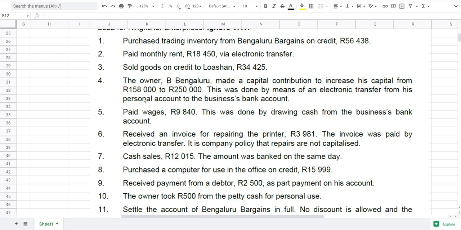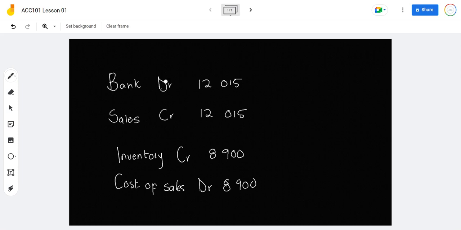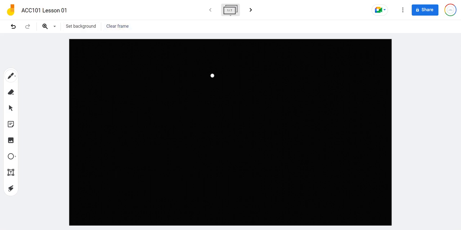And then the next transaction says we have purchased a computer for use in the office on credit, 15,999. All right, this is for use, so this means it's an equipment. And then we know that in our balance equation, the equipment appears under assets. So we bought a computer, which is an equipment.